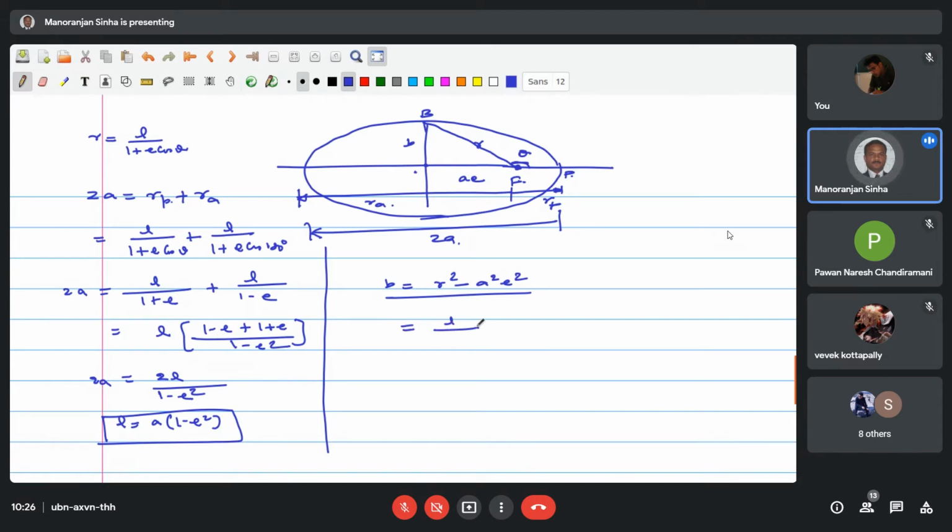And therefore this can be written as L by 1 plus e cos theta, whole square, minus a square e square. Left hand side b square. Now inserting the value for L, this becomes a square times 1 minus e square, whole square, divided by 1 plus e cos theta, whole square.